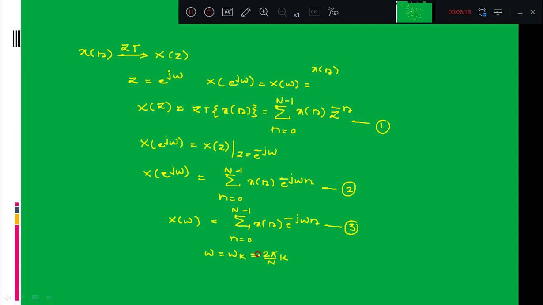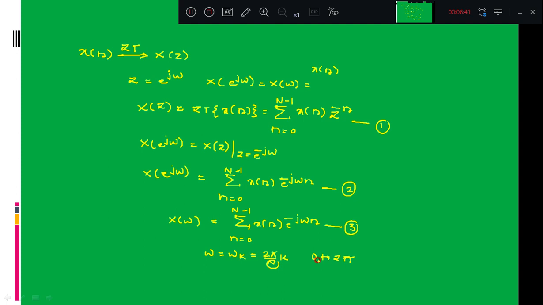This means there are a total of N equally spaced frequency values within the range 0 to 2 pi. How many frequency samples are there? There are N equally spaced frequency values between 0 and 2 pi, right?